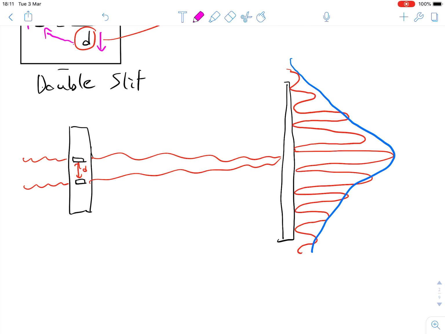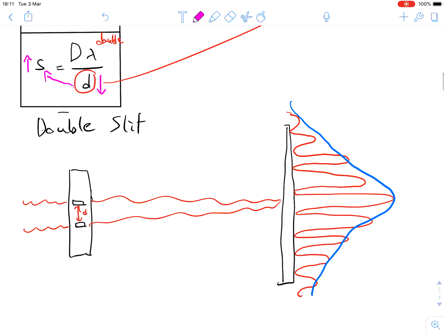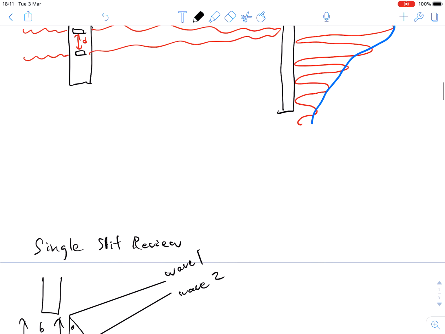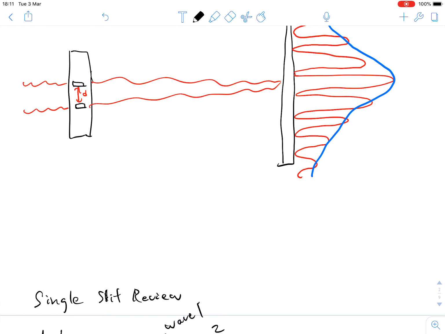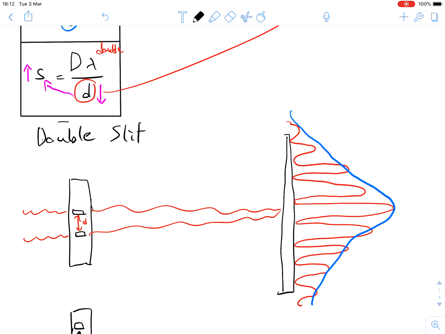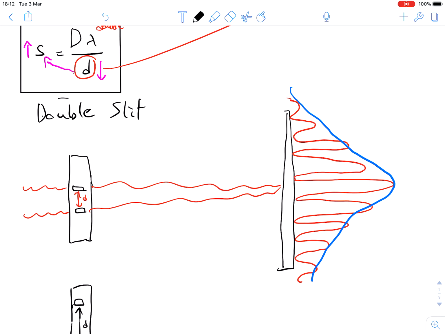So what that means is, I'm going to assume we have a smaller d here. I'm going to do a big D, a massive separation in comparison. Let's say this is double the amount here. So that's D, and D is going up.